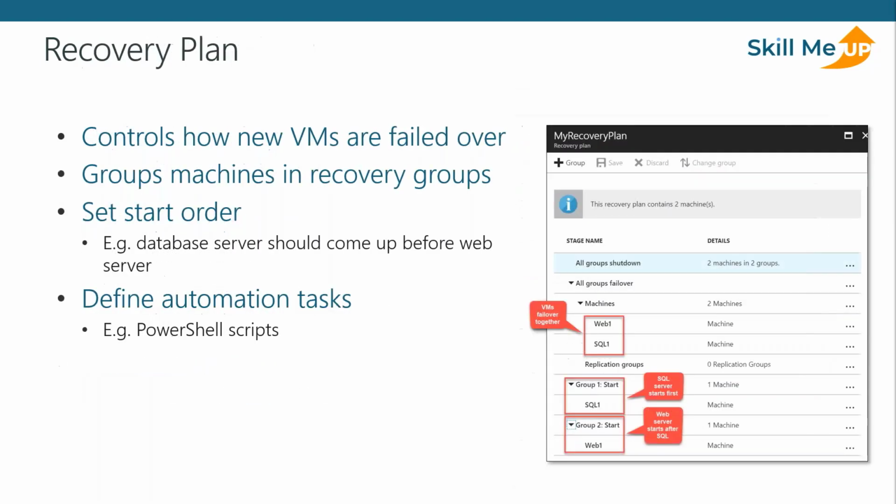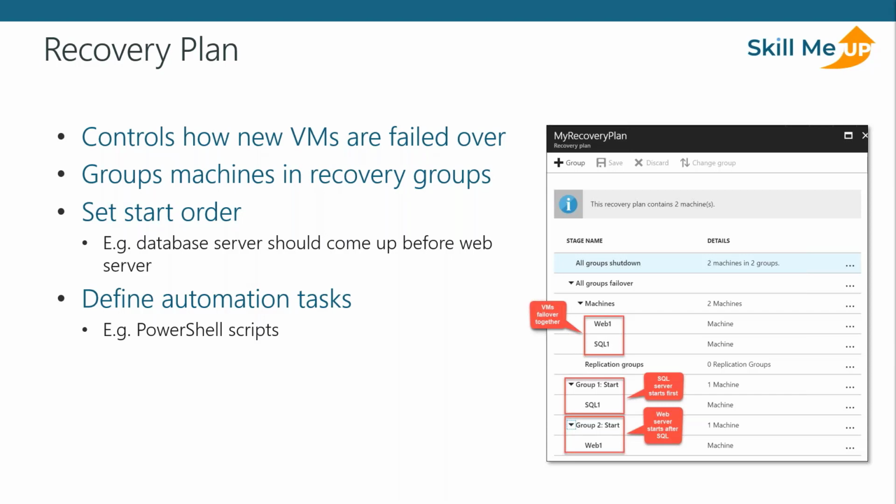And then the last one, the recovery plan. Okay, I have my data replicating. What about the recovery? This is where you can define what order things come back up in, and you can also define custom steps here with PowerShell scripts, for example, to say, okay, after the VM has come up, I'm going to do some extra configuration on that VM. Maybe I'm going to put it into a load balancer backend pool, and you can do that automatically for internal, but for external load balancers, or maybe I need to associate it with an application gateway, for example.